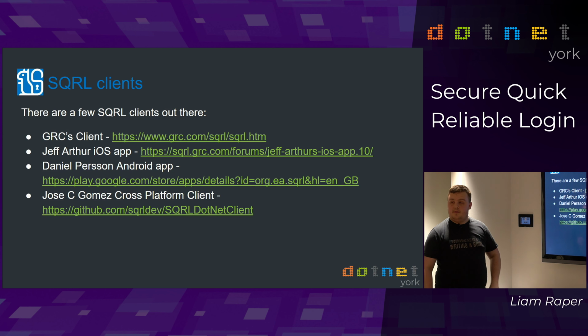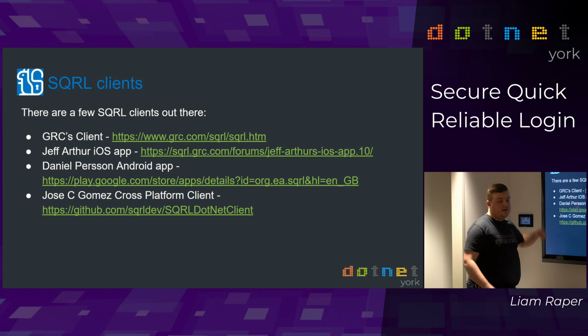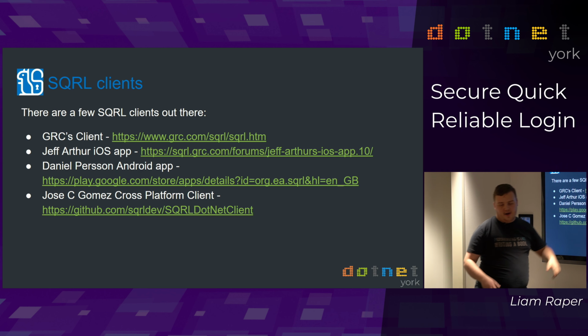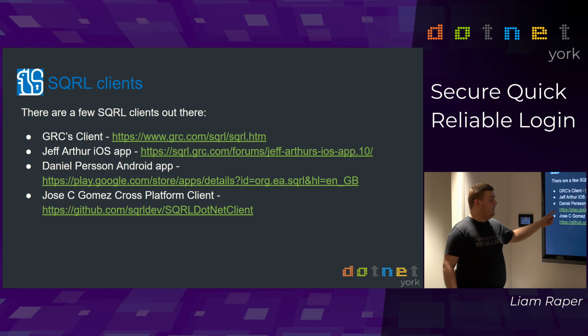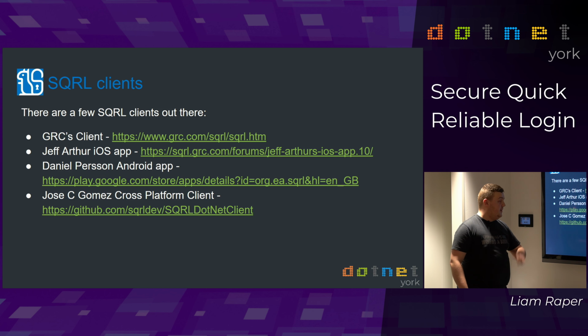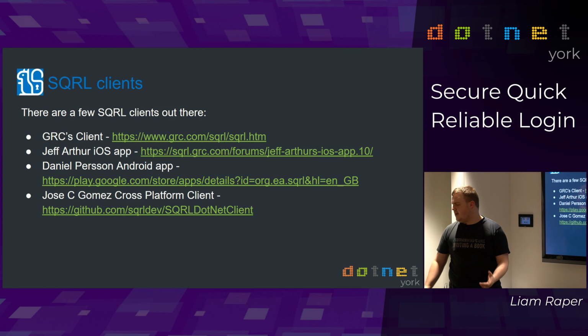So Squirrel clients. You've seen me use 2 of the Squirrel clients today. GRC's client is the one that's on my laptop, and Jeff Arthur's iOS one is for the iPhone, and Daniel Pearson's Android app is the one I was using on my phone. And very recently, Joe C. Gomez has been creating a cross-platform .NET Core 3 client that's going through beta testing right now.